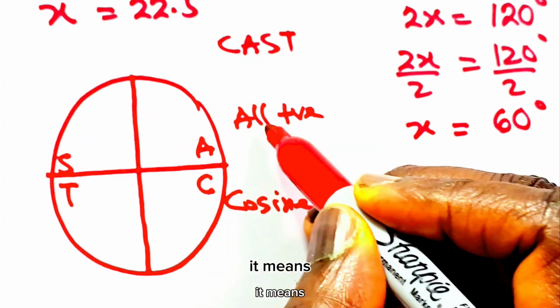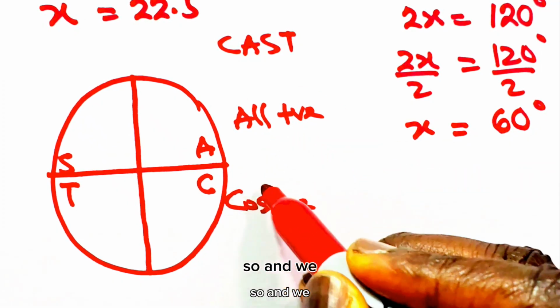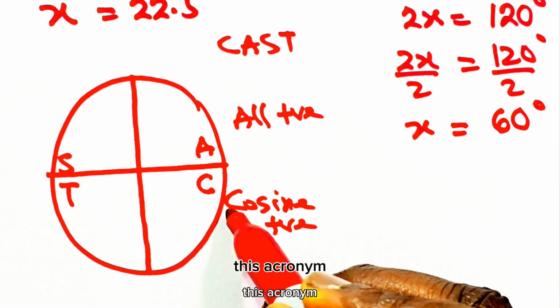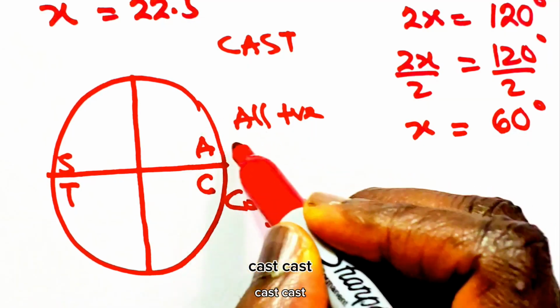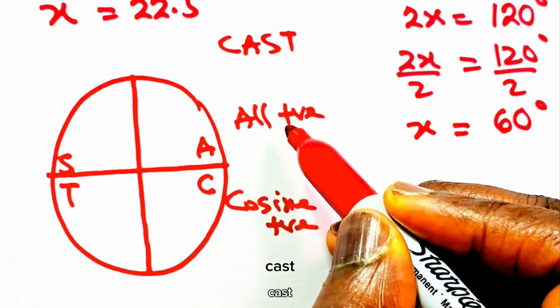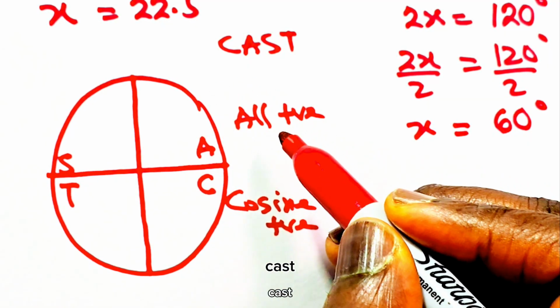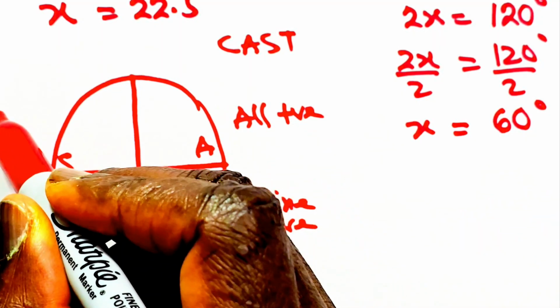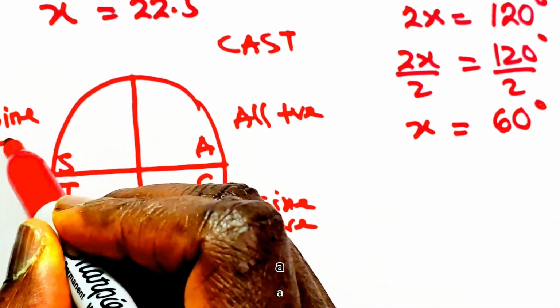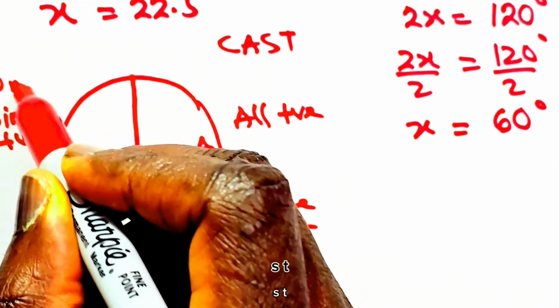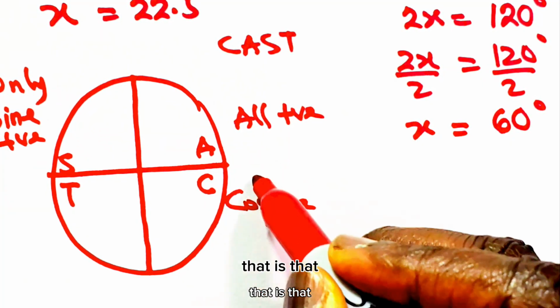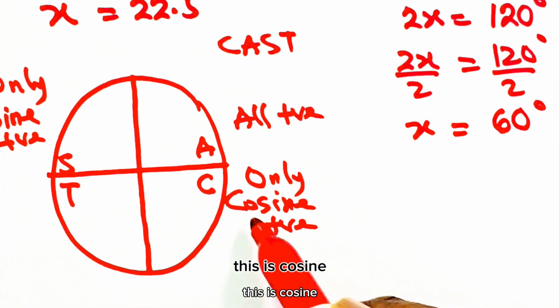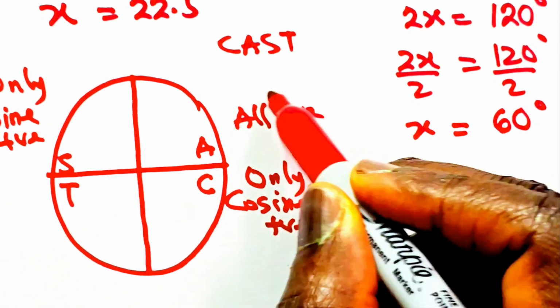All of them are positive. Here means only cosine is positive. Here means all sine, tangent, cosine, they are all positive. Then this one says only the sine is positive. This one is only cosine is positive. Here, all of them are positive.